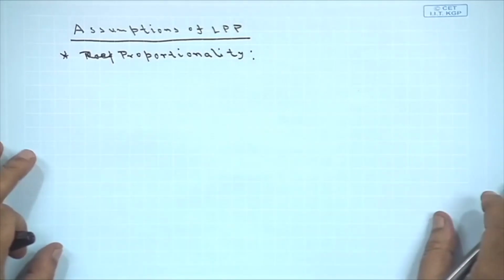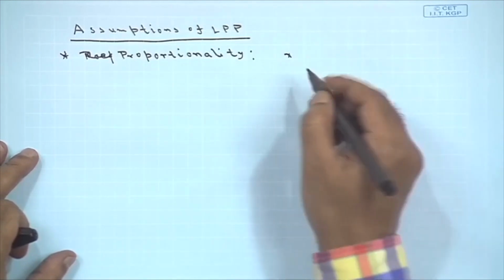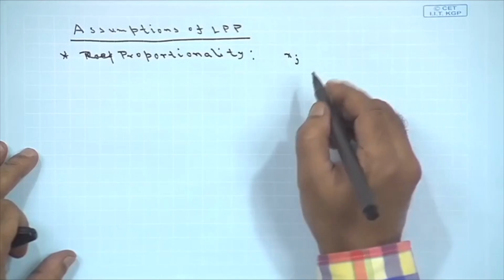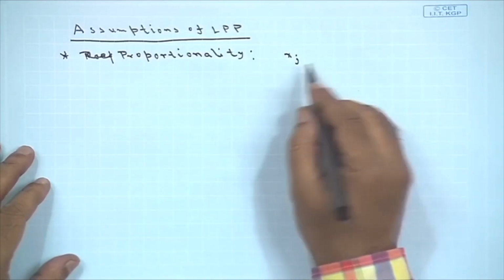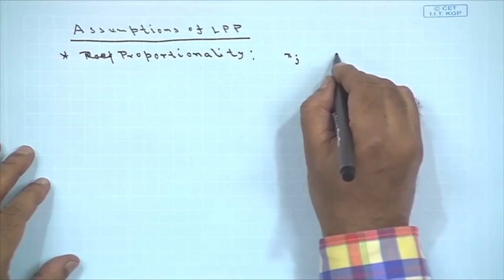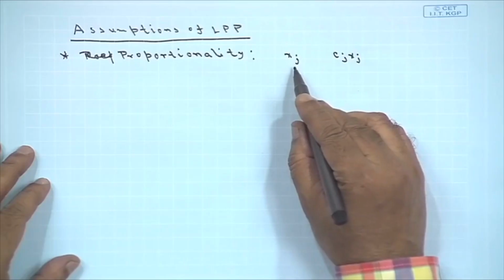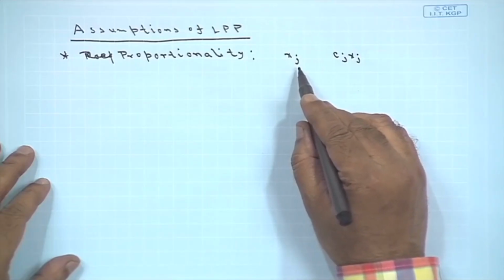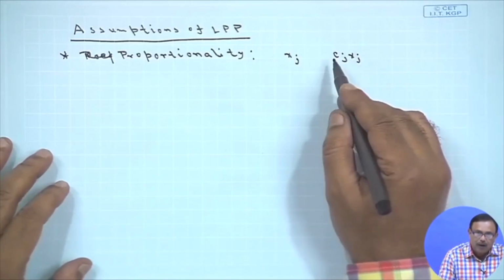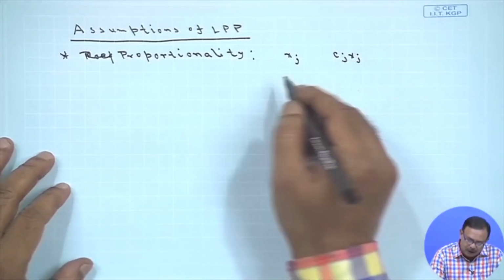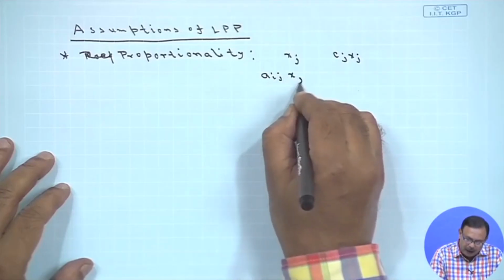Proportionality means you have the decision variable xj. In the objective function, the contribution of the decision variable xj is cj xj, whereas for the ith constraint its contribution is aij xj.